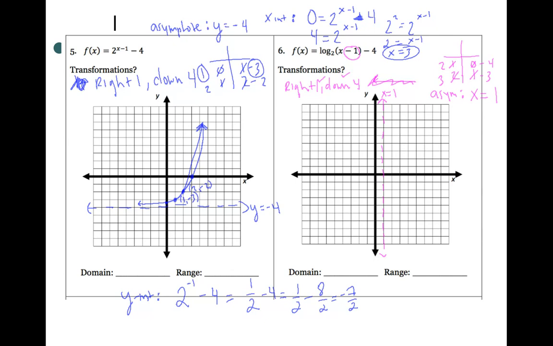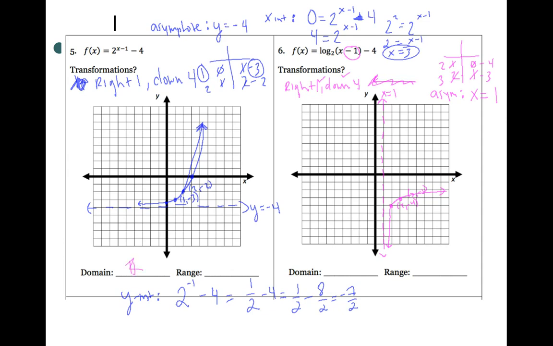So 2, -4, 1, 2, 3, 4. And then 3, -3. Pretty cool.